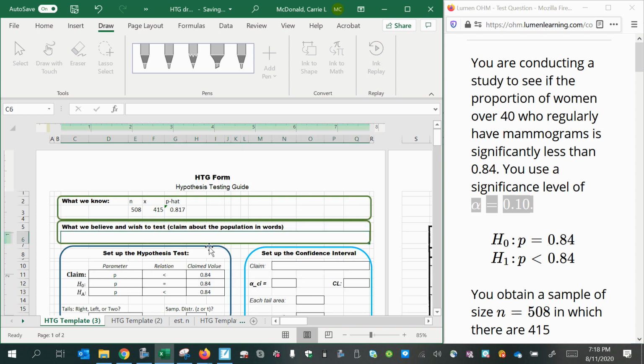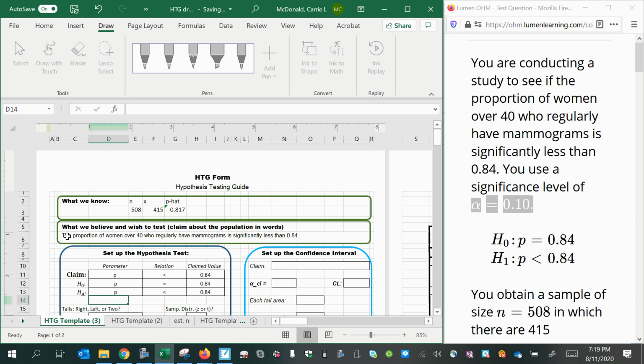And I'll put my claim in words, even though I already kind of did the other steps. The proportion of women over 40 who regularly have mammograms is less, significantly less than 0.84.